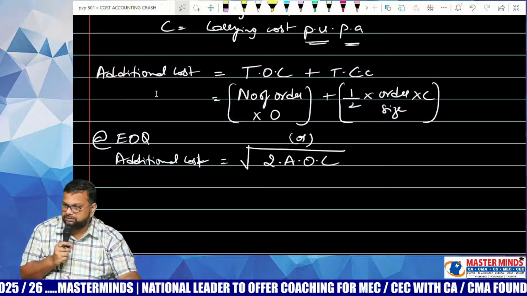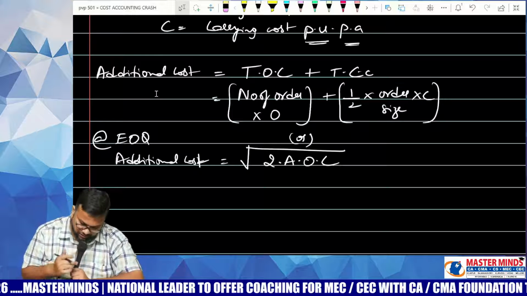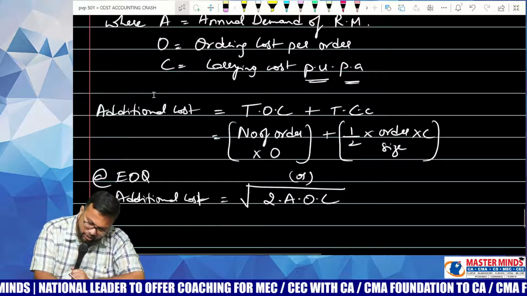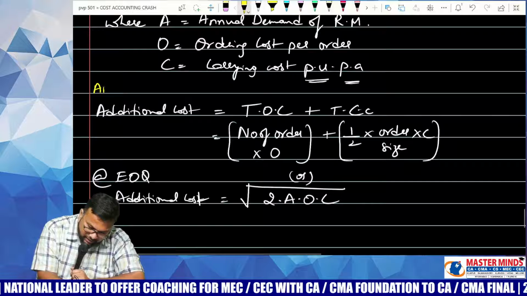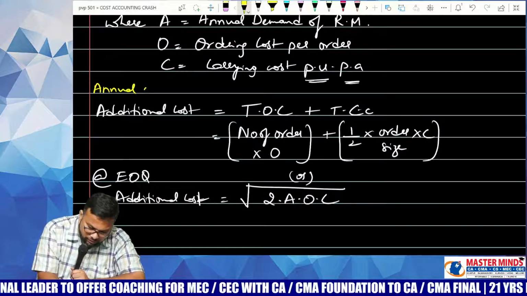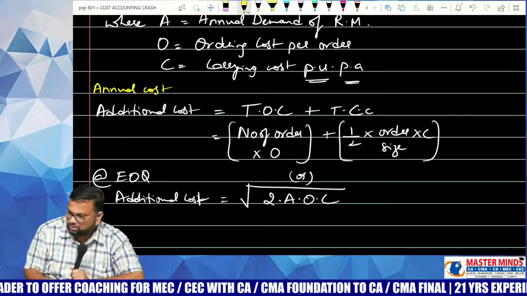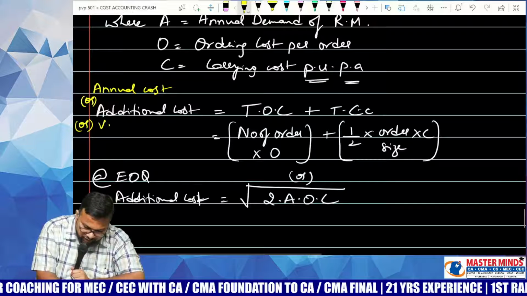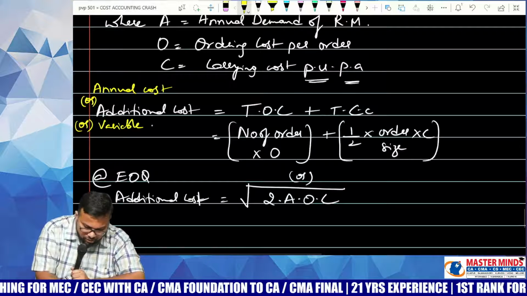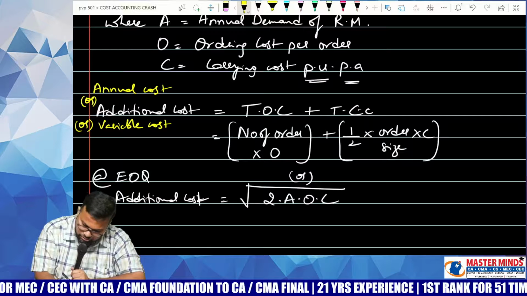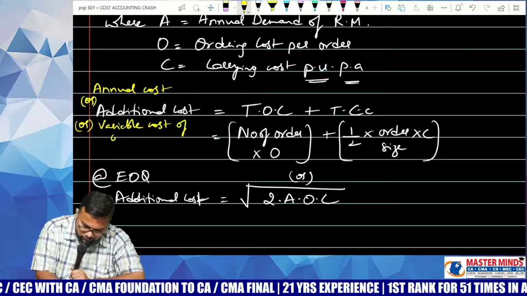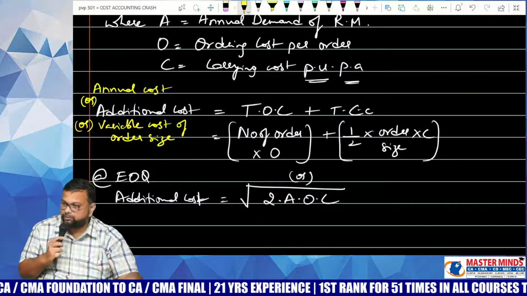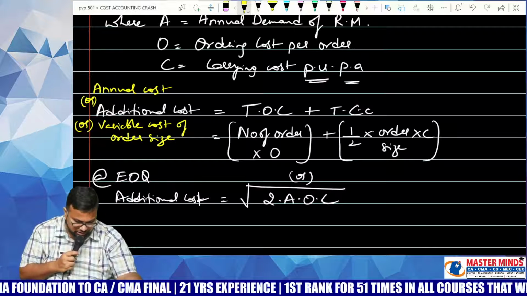Okay. Next, last point. See, additional cost can be called with different names. It can be called as annual cost, or it can be called as variable cost of order size.